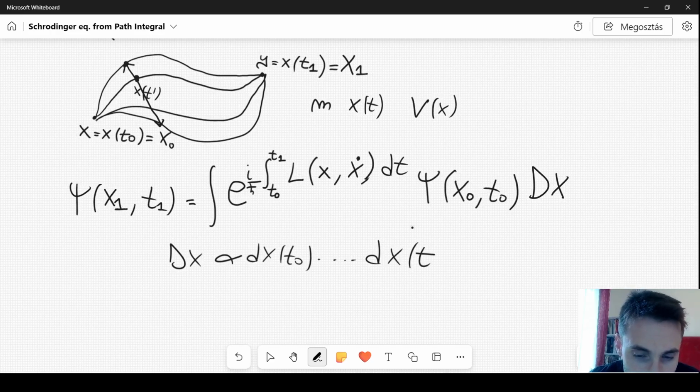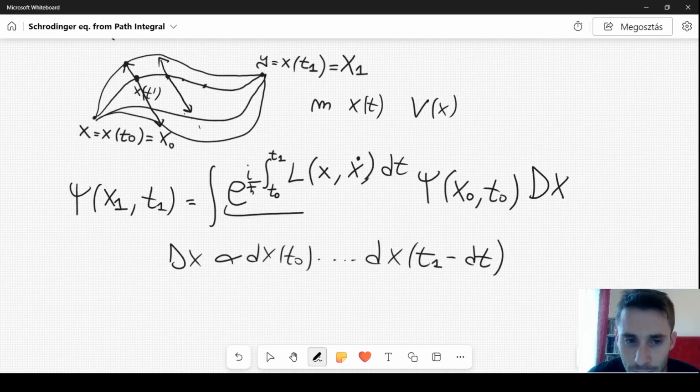So x1 would be dx of t1, but we get closer and closer without summing over the final point, so we assume that this measure here is proportional to this product, and here we have t1 minus a small increment of time dt. So you can take this as an assumption if you want, and as I said, each point of a certain trajectory can be integrated in a certain direction to denote the fact that we don't have just one trajectory. We have an infinite amount of trajectories, and that's why we have this complicated measure.